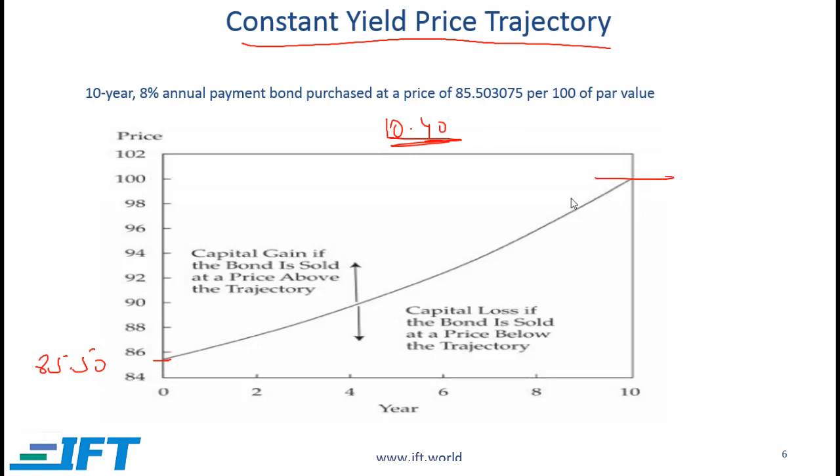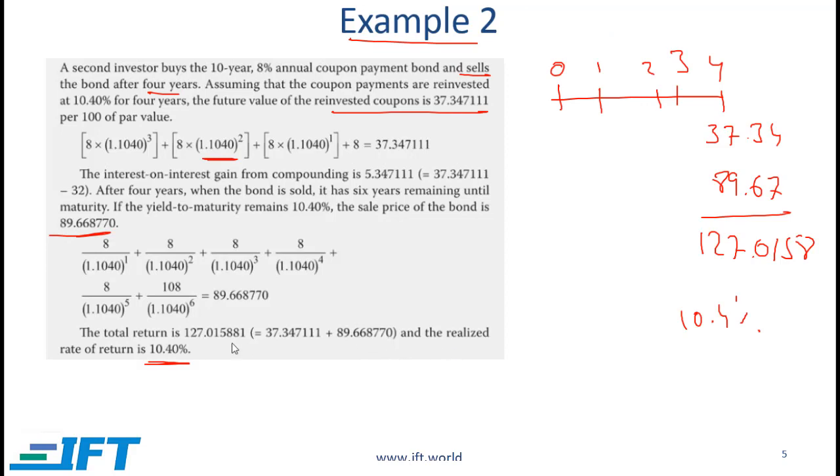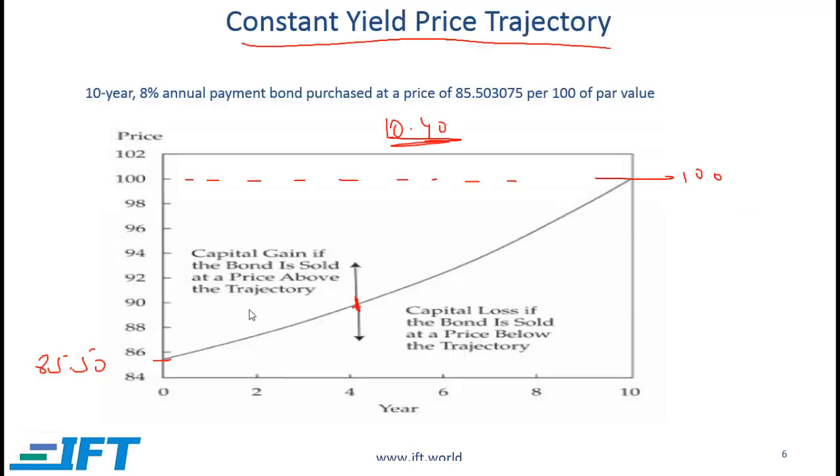Over 10 years, the bond price will come up to the par value of 100. In our example, at the end of 4 years, the bond is worth 89.668 to be more precise.